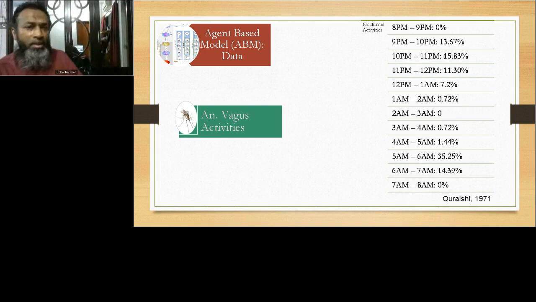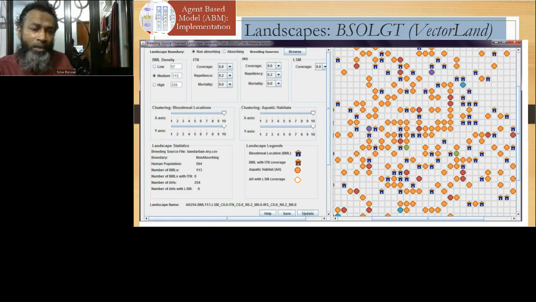Another aspect of the spatial aspect is the landscape. We have to have a landscape for the model, because ideally we should have used a GIS model, but unfortunately for Bandarban we didn't have GIS information, so we had to create landscapes. And to create landscapes, we used a tool, the Vector Land tool, and this is just a snapshot of the Vector Land tool where we created the landscape.